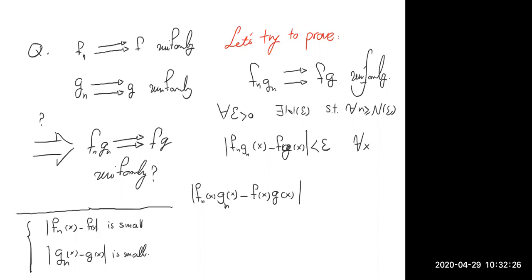The idea is that I want to have factors like Fn minus F and Gn minus G here, but I don't have something like that. So I should construct these terms.